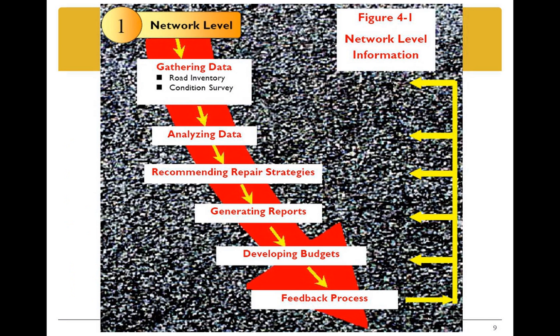Here again, this is to give you a full perspective of the network level flow chart, if you will. At the very beginning, as I said, everything related to pavement management systems has to start with data collection. We have to gather data, both road inventory as well as condition survey.